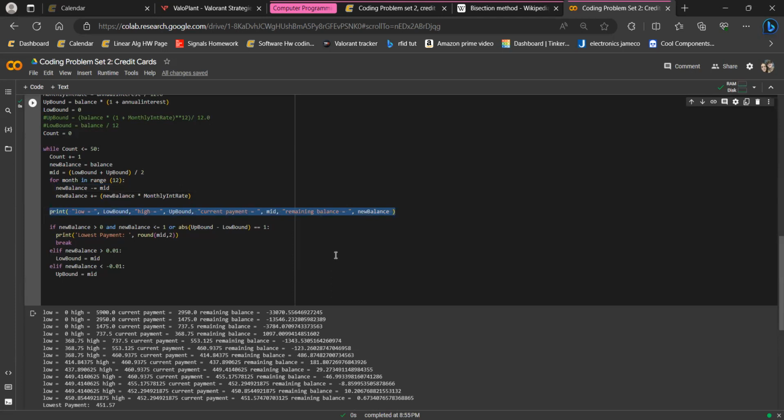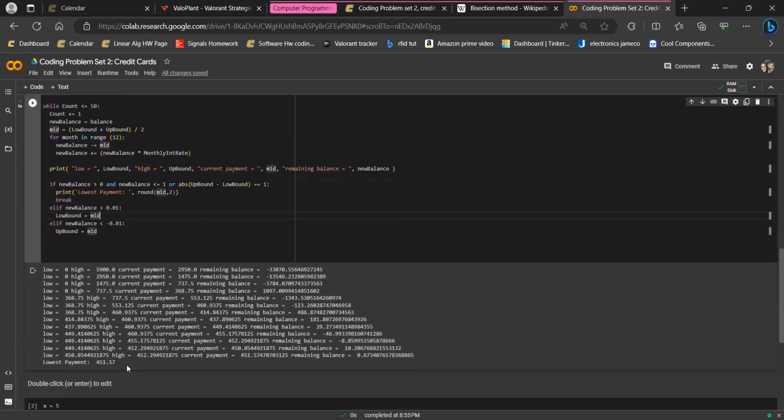This is the debugging information. And here I'm saying that if the new balance is more than 0 and less than or equal to 1, or if the difference between the upper bound and the lower bound is equal to 1, then that would be the lowest payment.